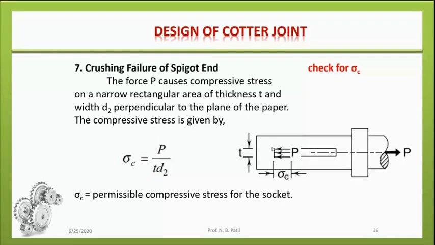If it is less, then the dimensions determined earlier are very safe for crushing. That's why we check sigma C. Understand this?